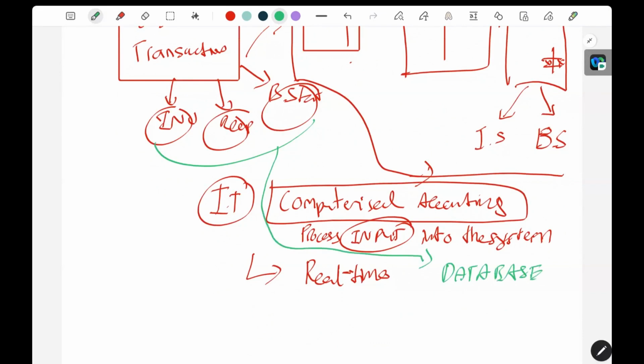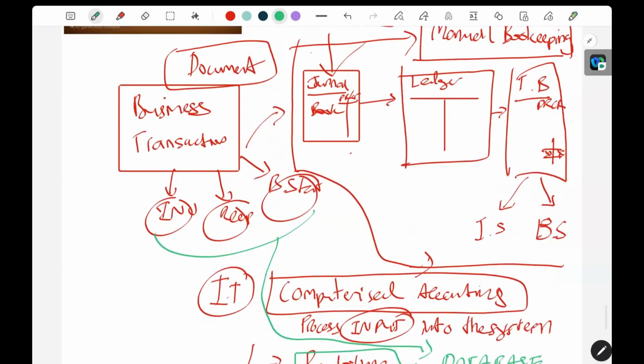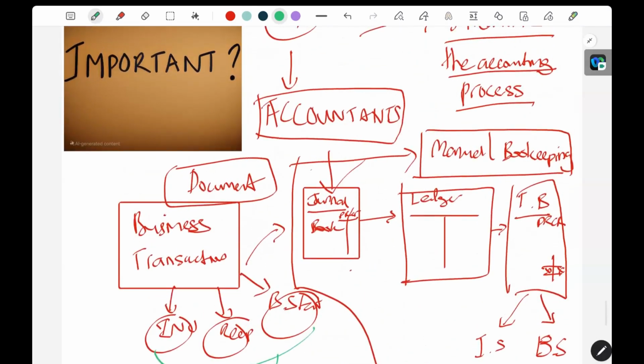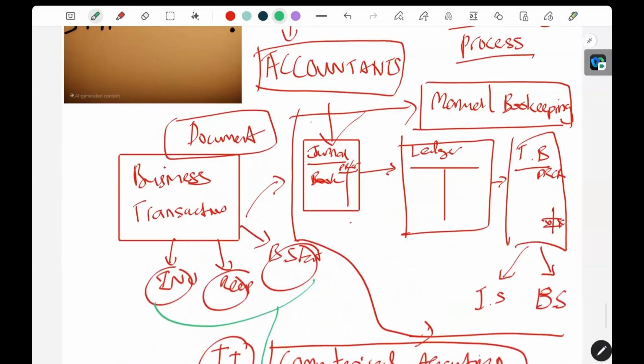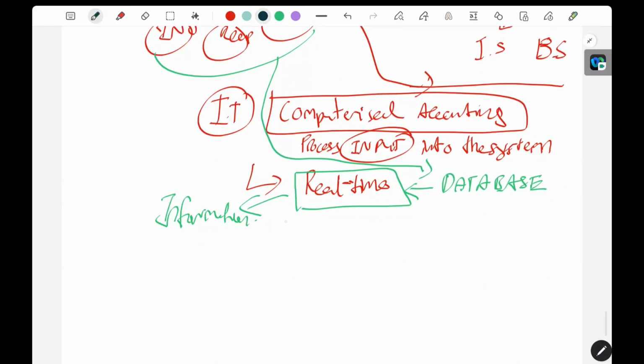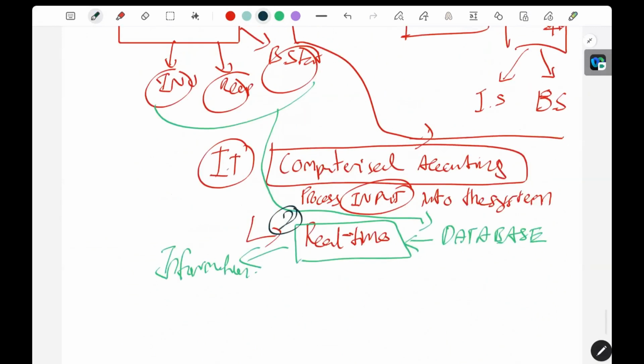It will go inside to a database, and then the database will provide real-time information, right? These are the logic. It streamlines the process. That's number one. Then number two, it will provide real-time data. These are up to the old generation.